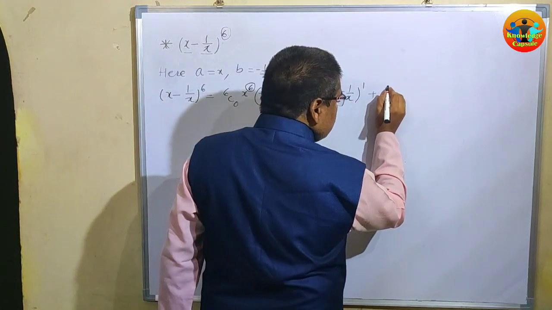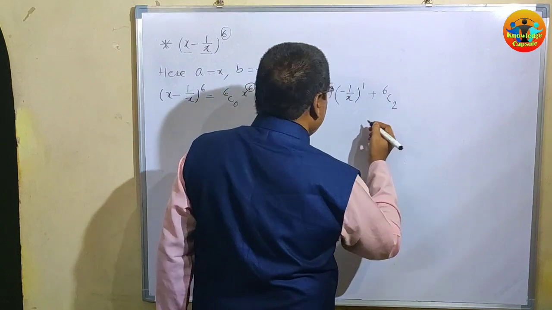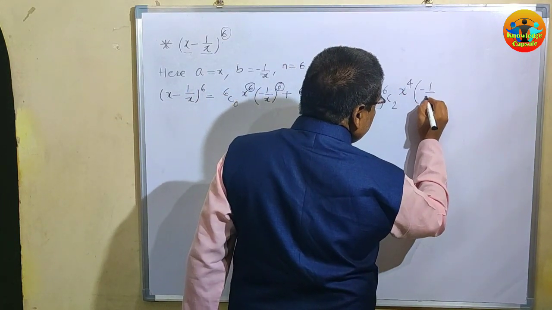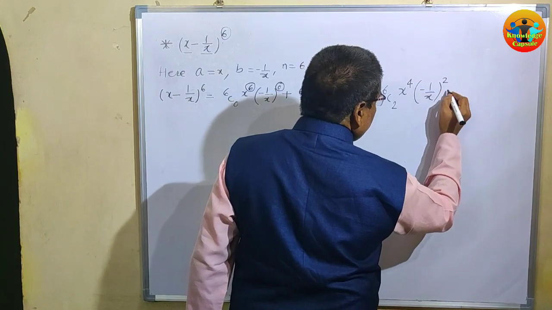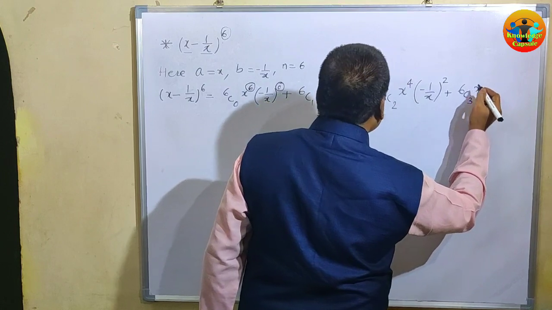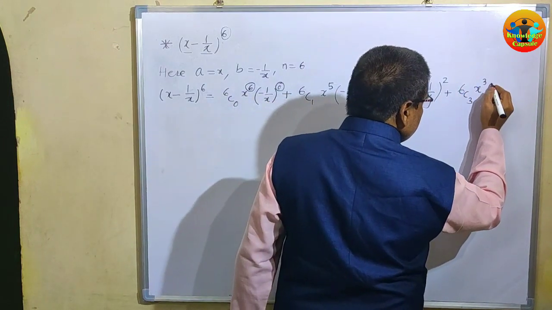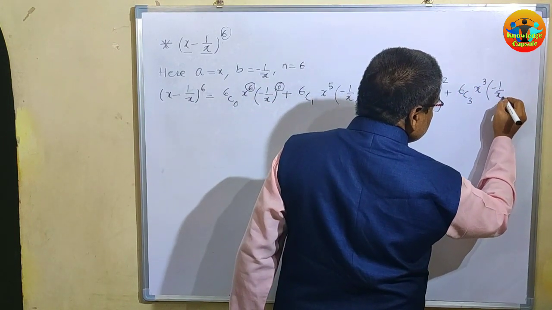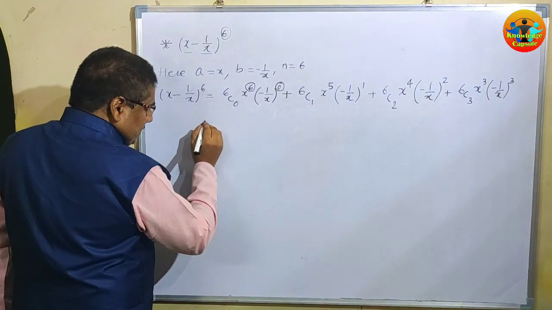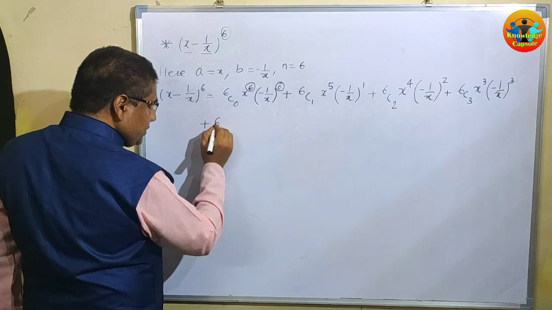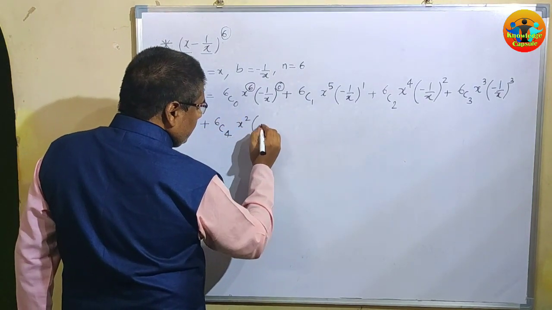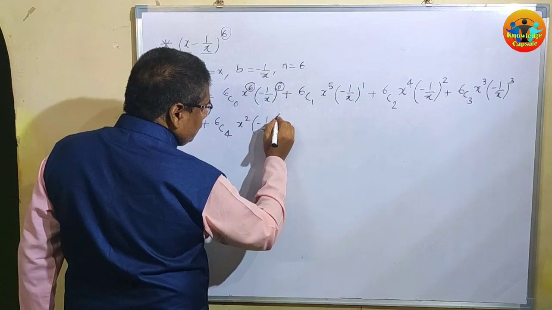Now the next term will be 6C2 x raised to 4 into minus 1 by x raised to 2, plus 6C3 x raised to 3 into minus 1 by x raised to 3. The next term is 6C4 x raised to 2 into minus 1 by x raised to 4.